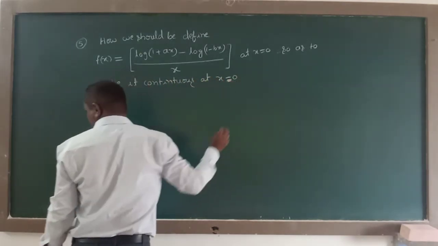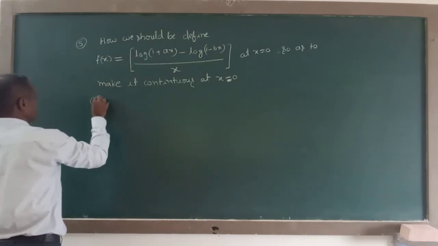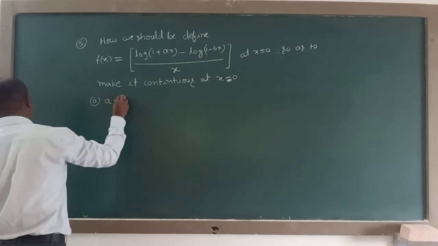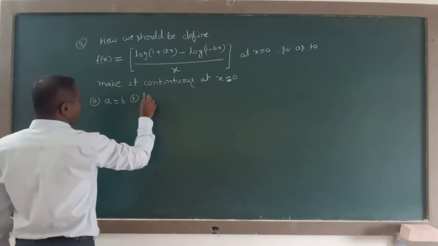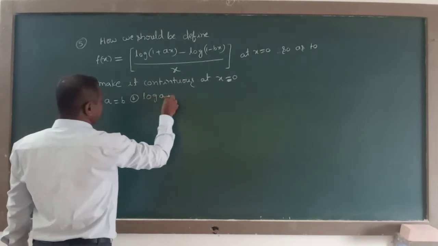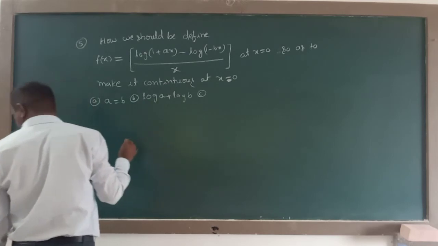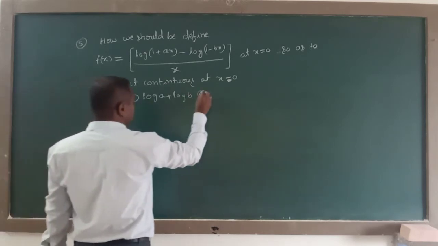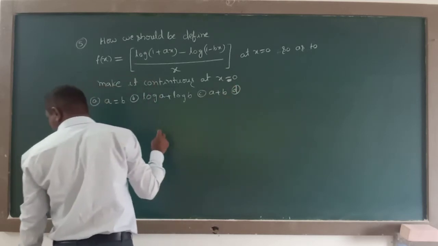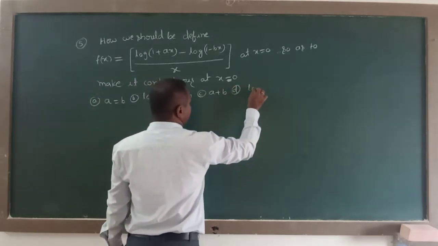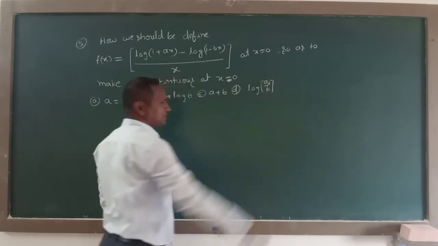The first option is a is equal to b, the second option is log a plus log b, the third option is a plus b, and the last, the D option, is log of a by b.